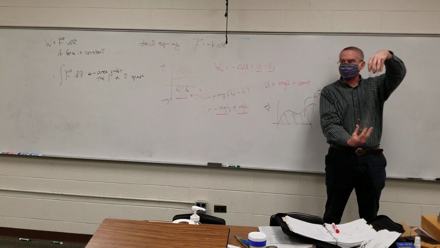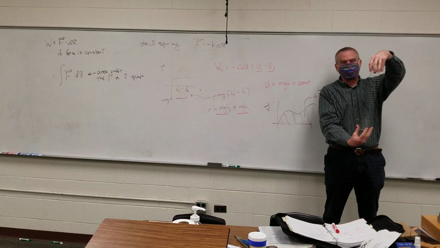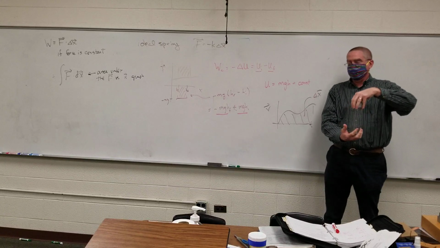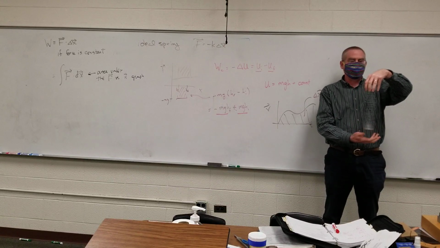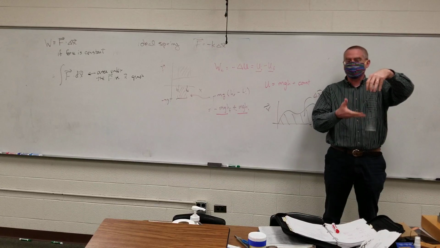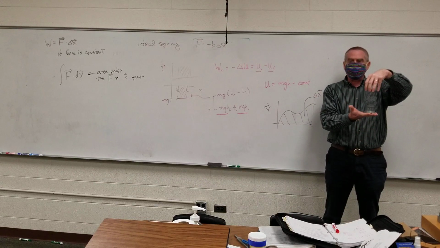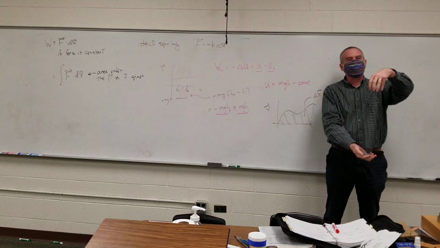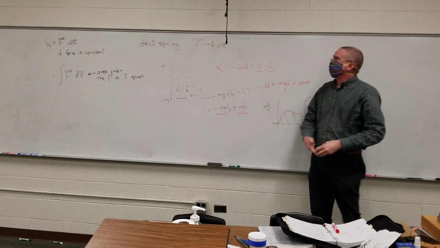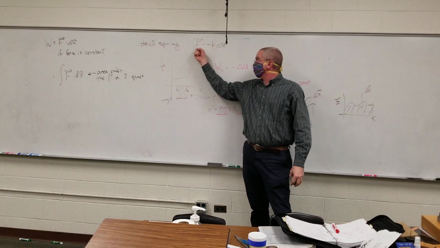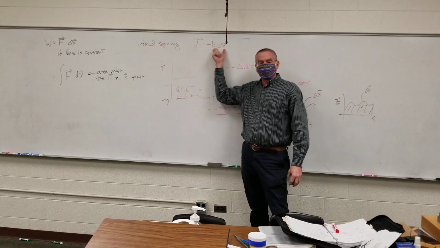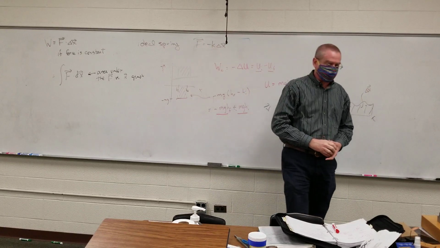So the force that the spring exerts is opposite the displacement. Displacement being how far it's moved from its normal, natural hanging state, the equilibrium position. If I push up on it, the spring is pushing down. If I pull down, the spring is pulling up. So the force that the spring exerts is opposite the direction of how it's displaced.